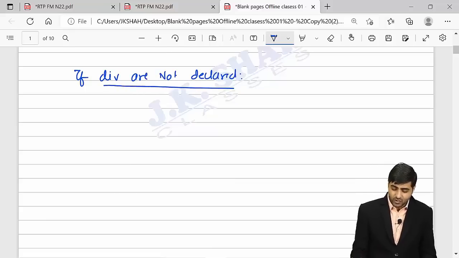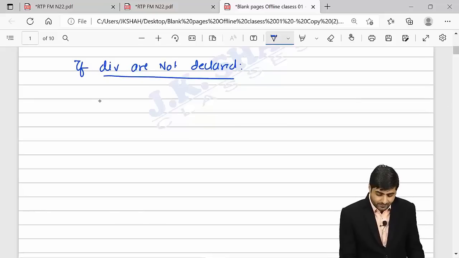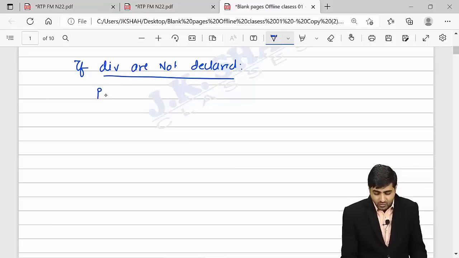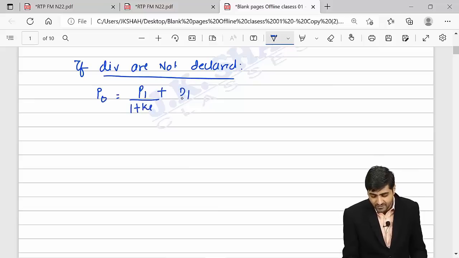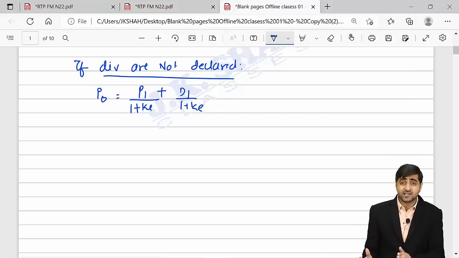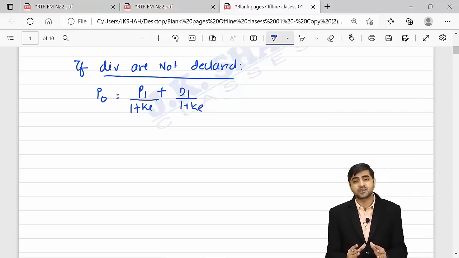so basically what will be your P1? Can I say basically your price today is nothing but the combination of P1 plus D1 upon 1 plus K, because whatever is your future cash flows, if you discount it and bring it to the present value terms, what do you get?